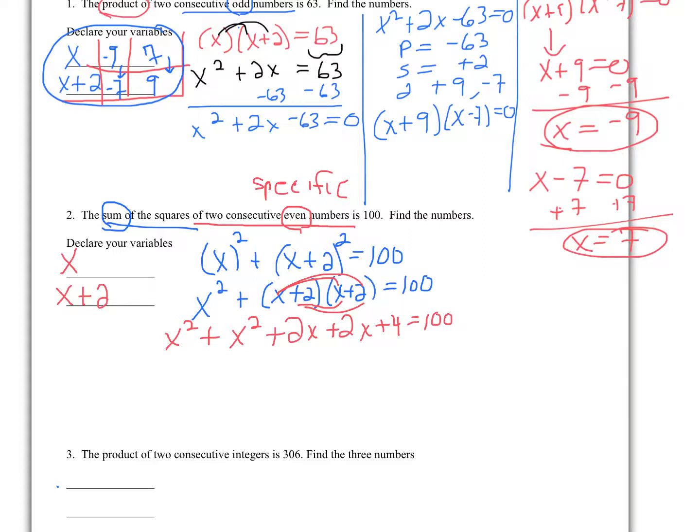Alright, so now let's combine all our like terms. x squared with x squared is 2x squared. 2x and 2x is plus 4x. Plus 4 is equal to 100.